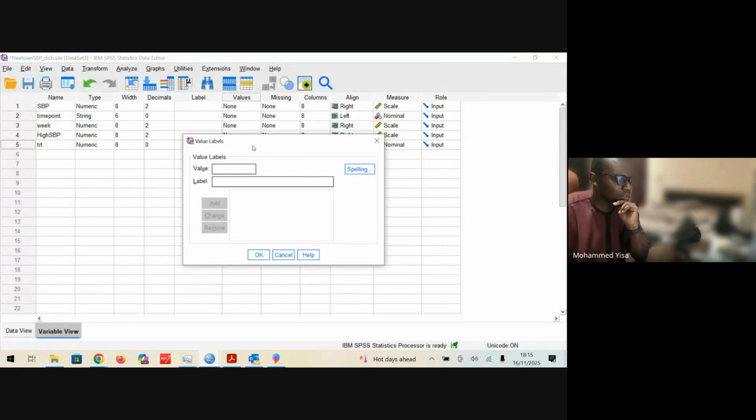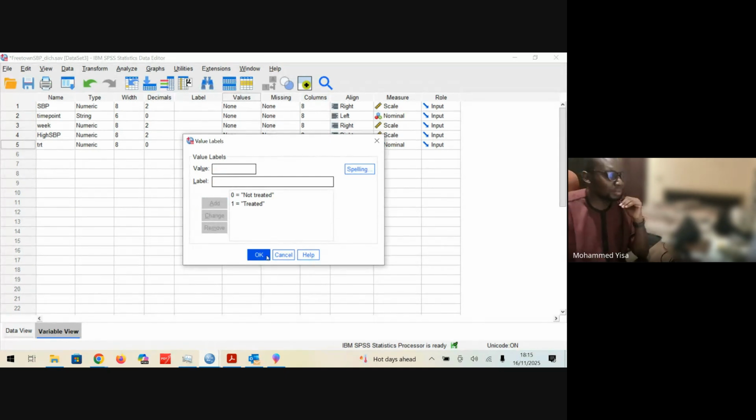So when you assign value, 0 is not treated, right? And 1 is treated.